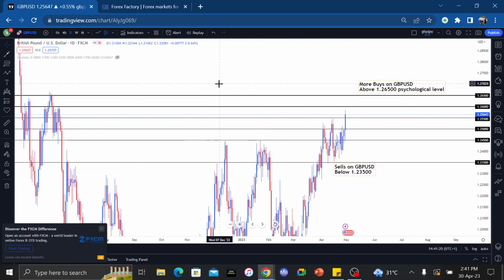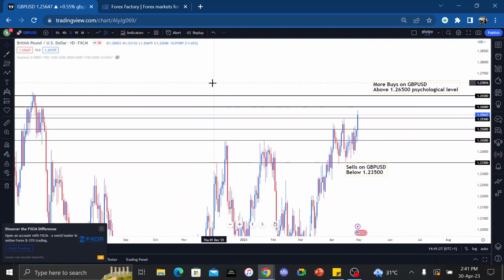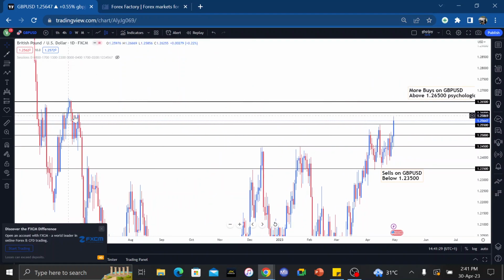So we've known that we are buying this week. This week might be more of buys. If we get a nice pullback, we long.